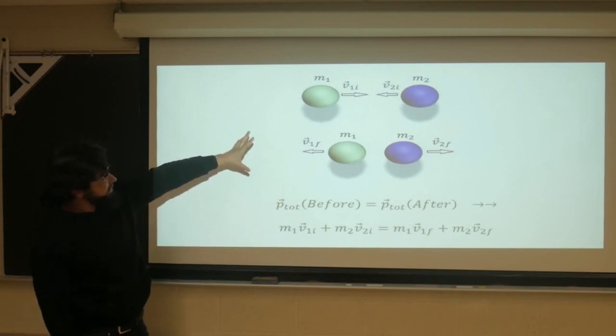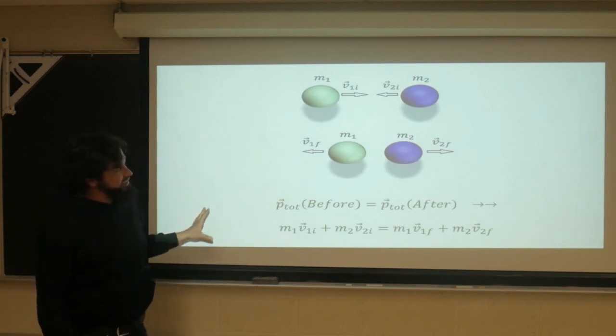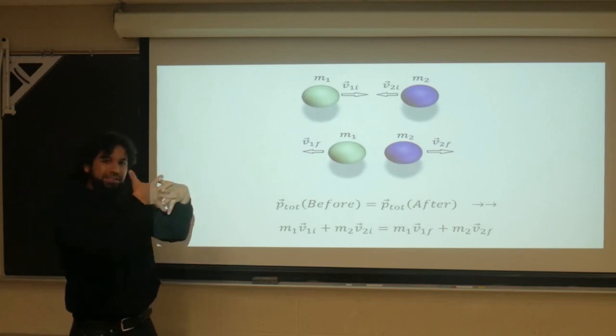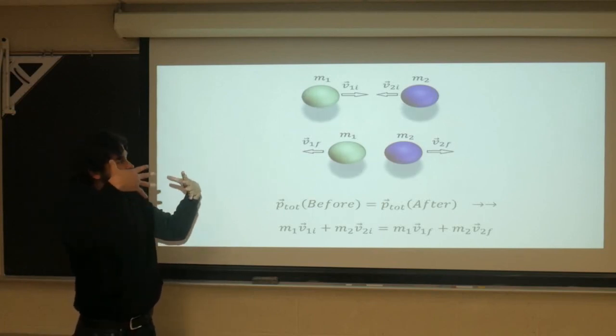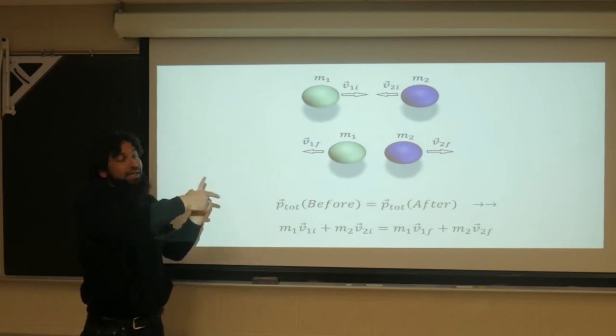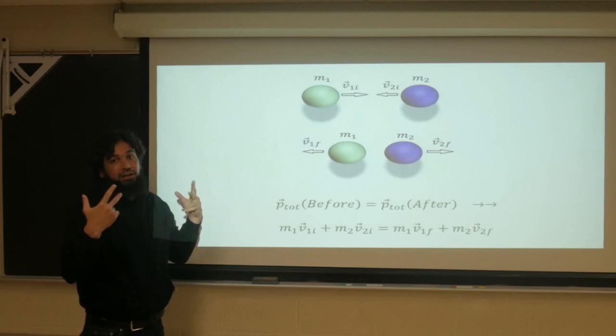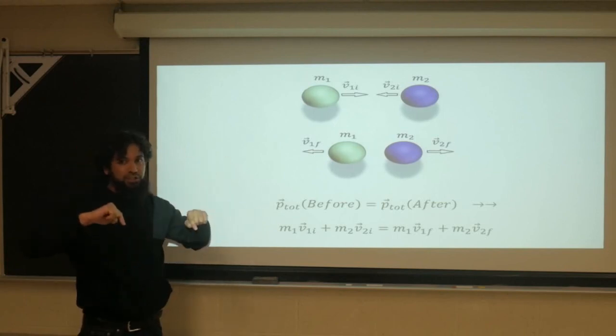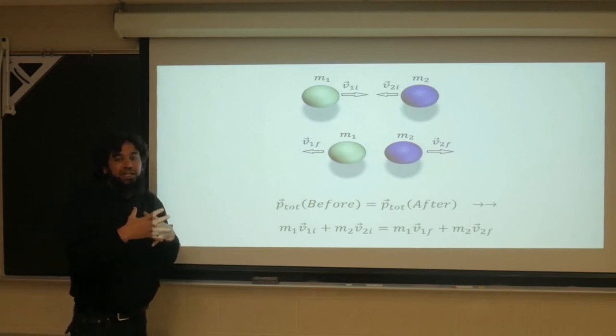And so, again, the total external force is 0. I only have internal forces from the collision. This collision makes two forces, from m1 on m2 and vice versa. These forces are action and reaction. They are equal in magnitude and opposite in direction. If I sum these two forces, the value will be 0.